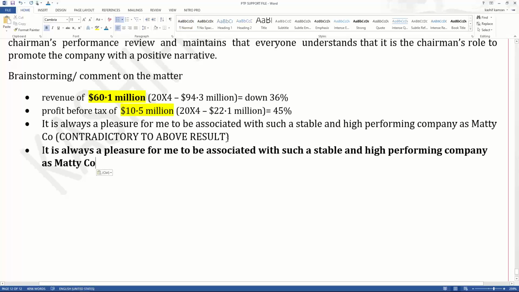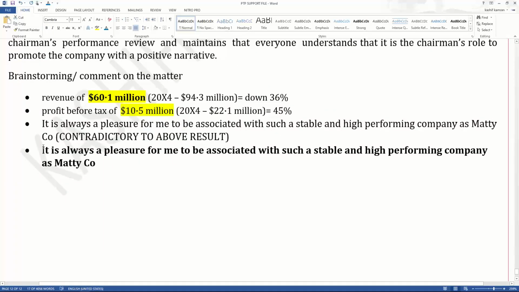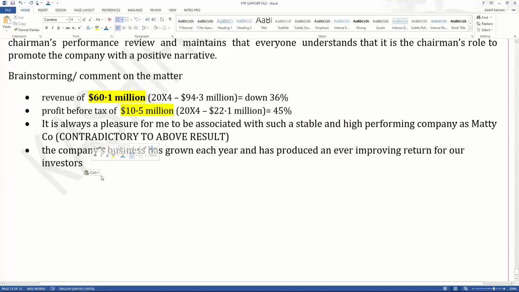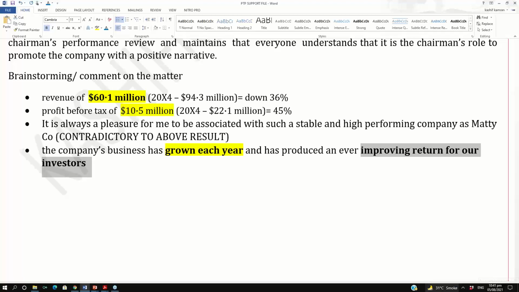The company's business has grown each year. Has it grown this year? So is that a contradictory statement? And has produced improving returns to investors. Profit has gone down by 45%, and the chairman is saying improving returns for investors.